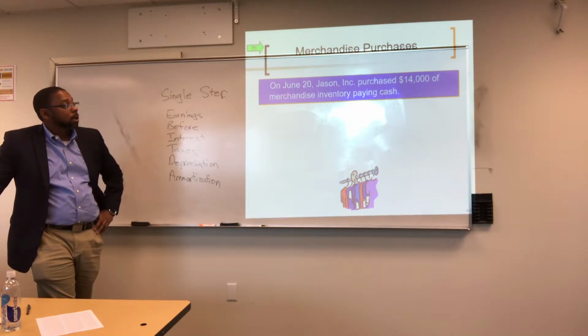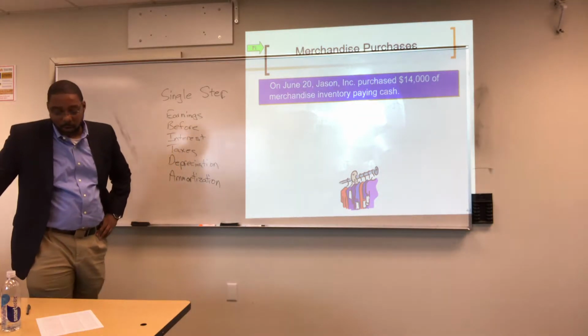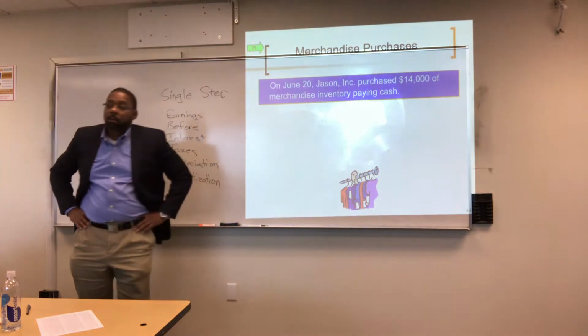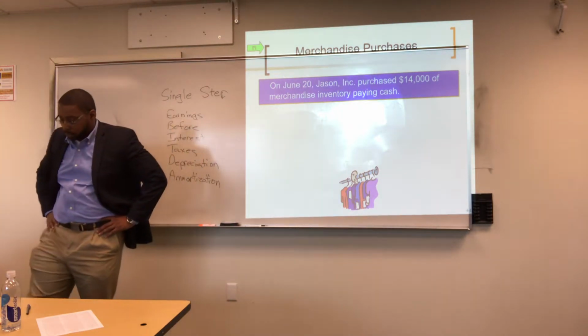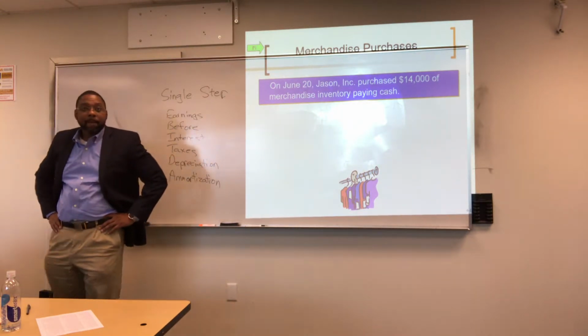So Jason Inc. uses the cash to buy inventory. Is cash increasing or decreasing in the company? Decreasing. How do we reflect the decrease in an asset? Did I say cash was an asset? Yeah. Credit. Now, what do we use the cash for? Merchandise inventory. What type of account is that? Asset.